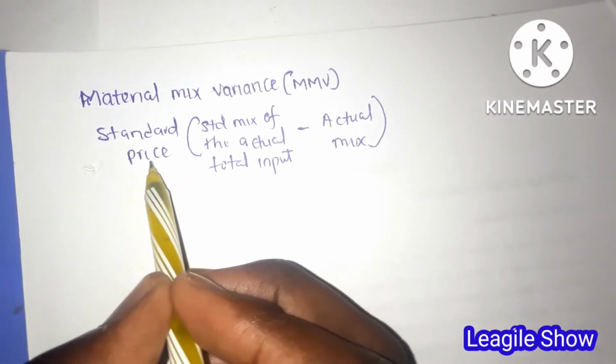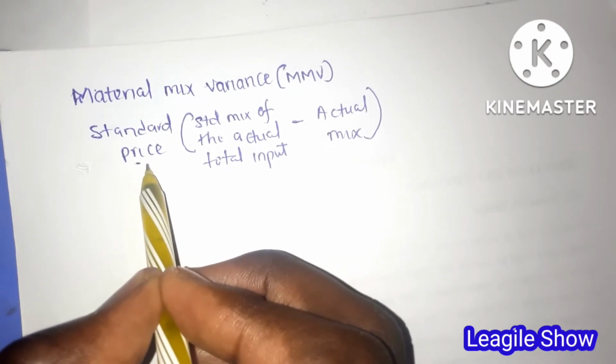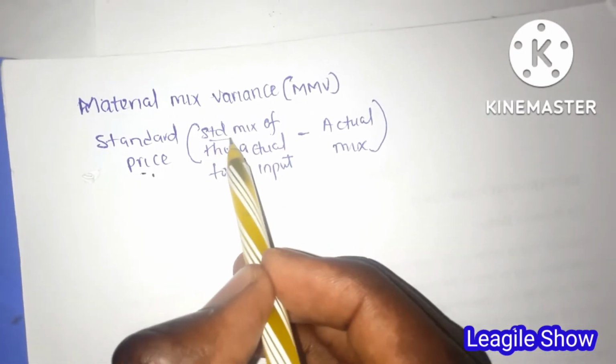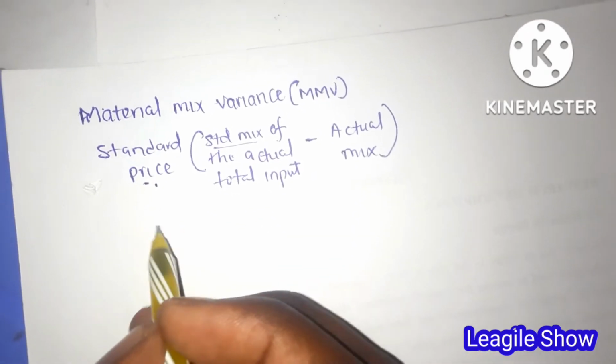From this point, remember the standard price, we have been given this in the question, so we need to look for the standard mix of the actual total input.